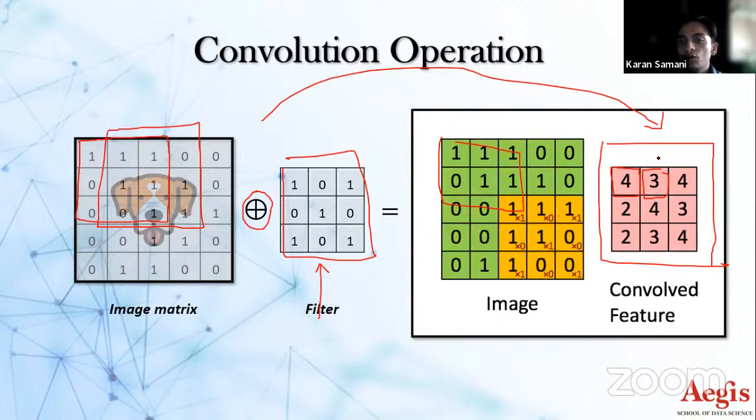Due to this, we use convolution operations. We convolve and convert big images into small, operable images in our machines. So this is how a convolution operation happens.